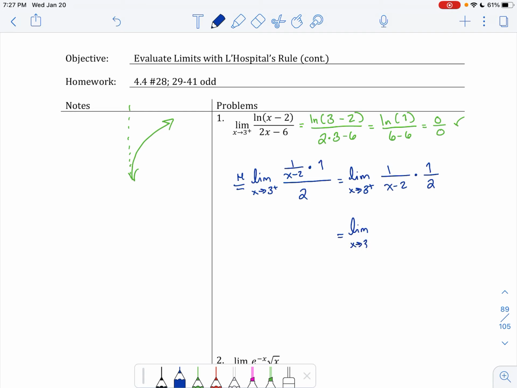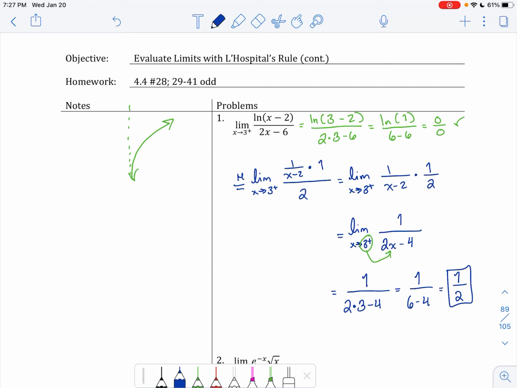We're considering the limit as x approaches 3 from the right of 1 over 2x minus 4. Now all we need to do is take our x value and plug it in. We end up with 1 over 2 times 3 minus 4, so 1 over 6 minus 4, which is 1/2.